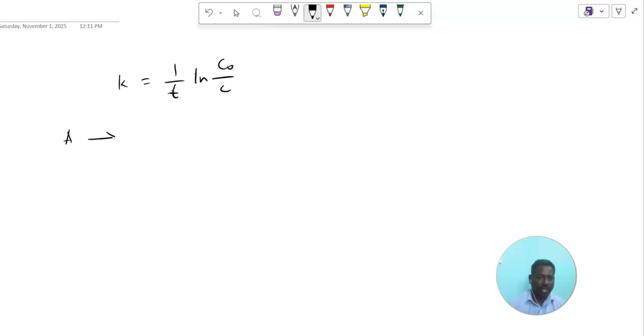So we have A gives product. Initially the concentration, let us consider A, and here it will be 0 initially. After some time, what happens? X mole is formed.